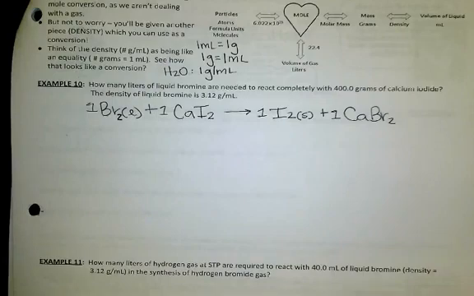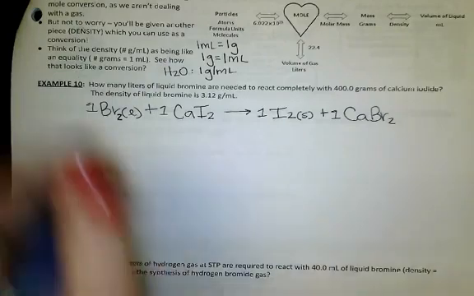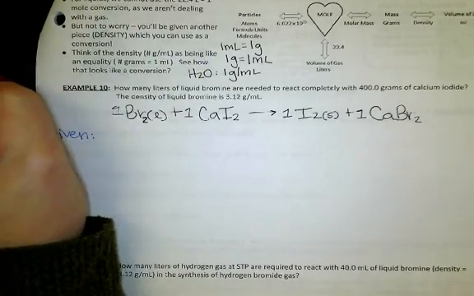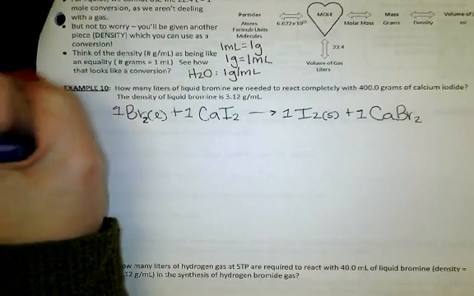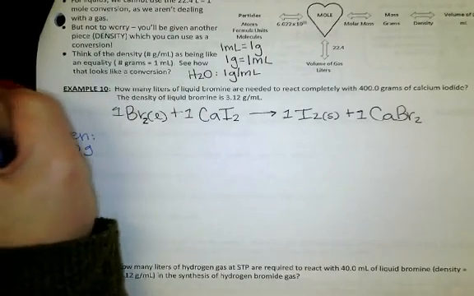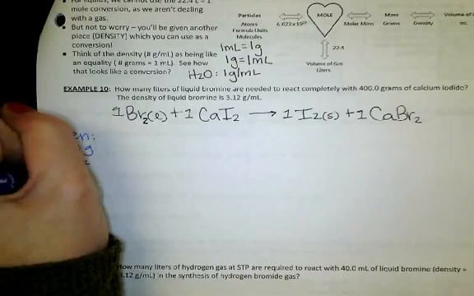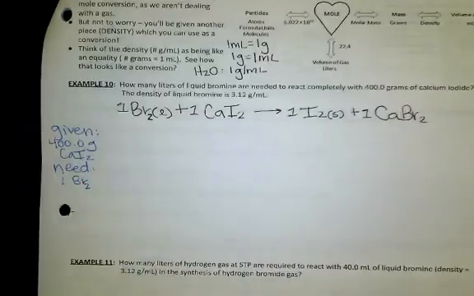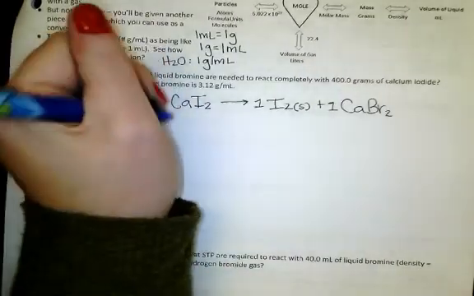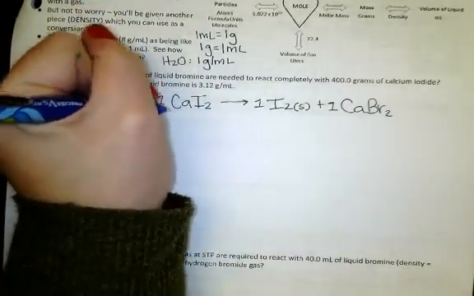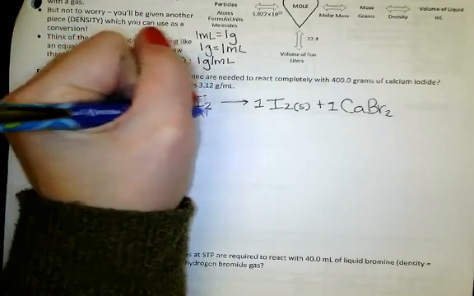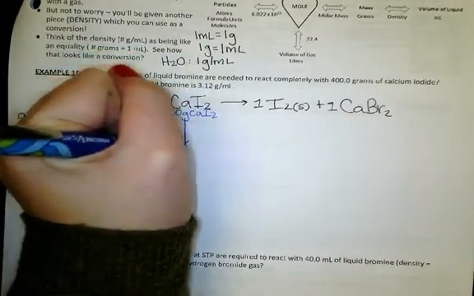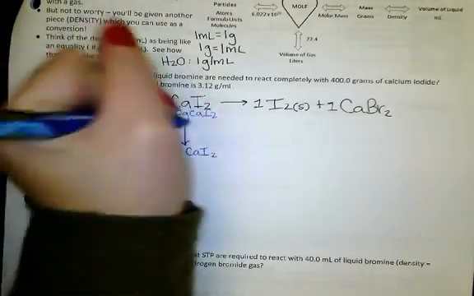So again, we are given 400 grams of calcium iodide, and we need liters of bromine. Okay, this is liquid bromine. So we're starting with grams, 400 grams of calcium iodide. We're going to convert grams of calcium iodide to moles of calcium iodide using the molar mass of calcium iodide.